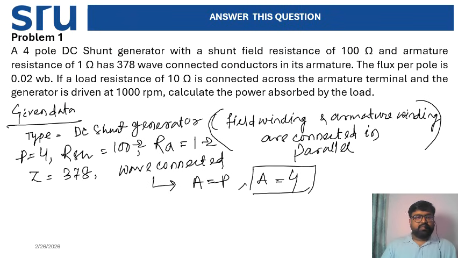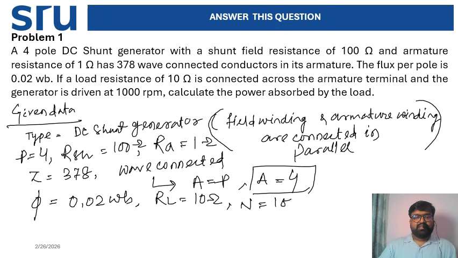Then the flux per pole is also given, 0.02 Weber. A load resistance of 10 ohm is connected across the armature terminal, and the generator is driven at speed N equal to 1000 rpm.